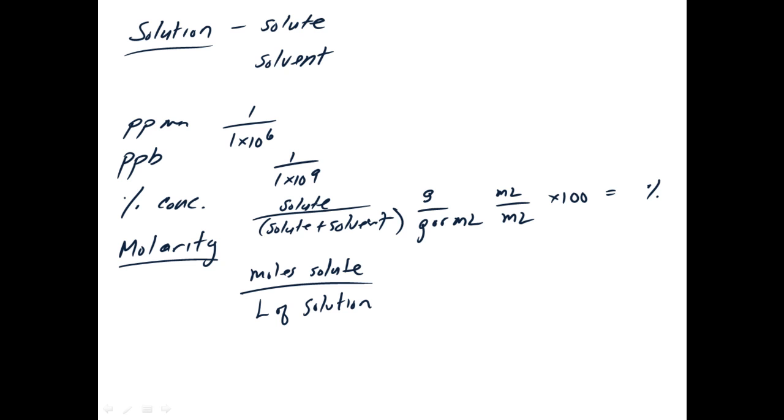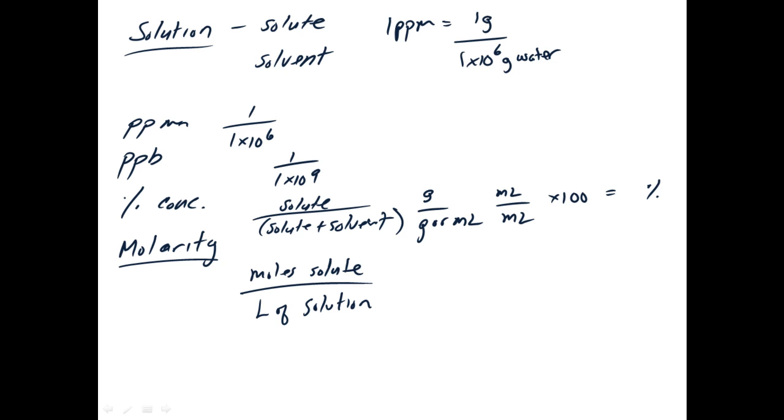Alright, now 1 part per million, we said it's 1 times 10 to the 6. Well, a good approximation of a part per million in water would be 1 gram of solute per 1 times 10 to the 6 grams of water, that being the solvent.